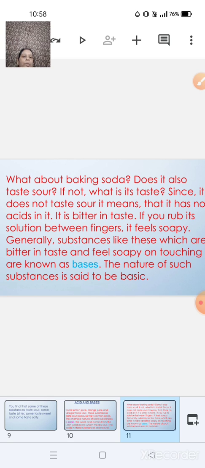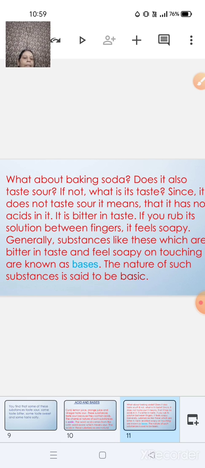I hope children you all have used baking soda in your kitchen, so you are aware of what it is. We even talked of baking soda in one of our previous chapters. Children, the taste of baking soda is bitter, and if you rub its solution between your fingers, you will feel it is soapy to touch.